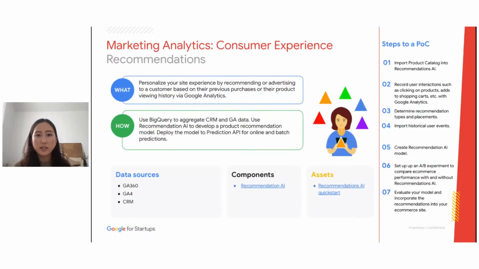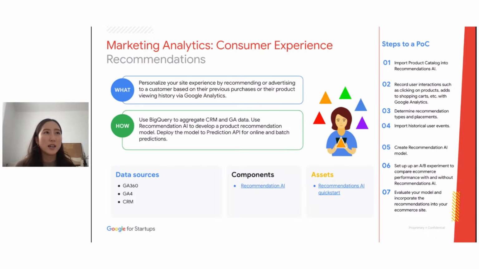Another use case is recommendations. So if you're curious about what products a customer will purchase in the future, or you want to personalize the experience for your customers with recommendations, this is one way to do it. Maybe you have some data about their product viewing history, their purchase history via Google Analytics.